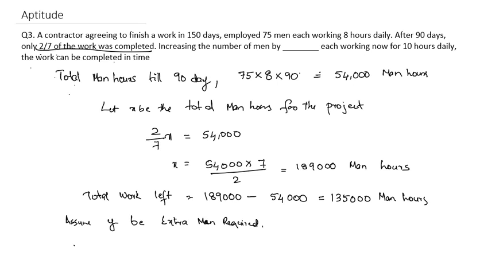So out of 150 days, only 60 days are remaining. So the number of men currently working is Y, the number of extra men, plus the current 75 men, into the number of hours working now daily, which is 10 hours, into days remaining, 150 minus 90 is 60, which should become equal to the remaining work left.